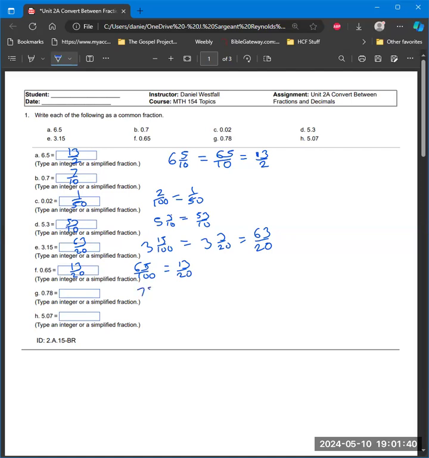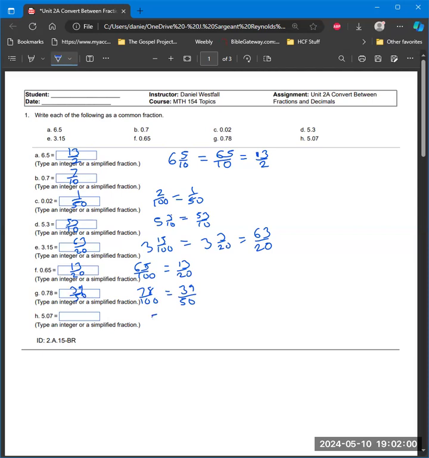Now we have 78/100ths. So 2 goes into 78 39 times, 2 goes into 100 50 times, and that's it. No more common factors.